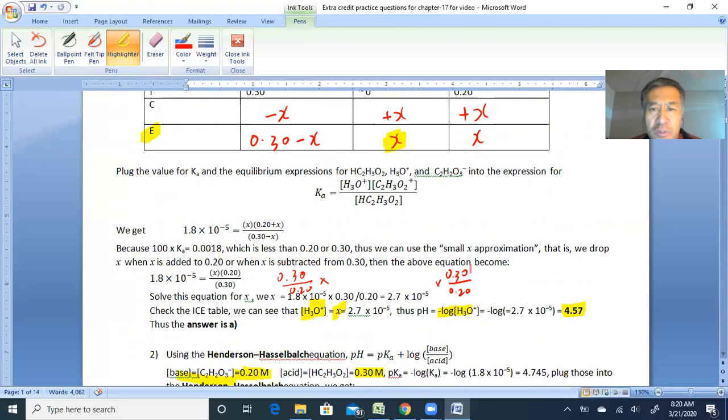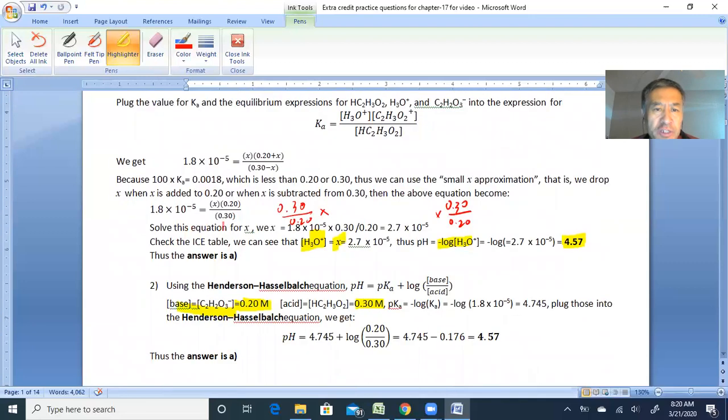we can use the small x approximation. That is, we drop x when x is added to 0.20 on the top, or when x is subtracted from 0.30 at the bottom. Then the equation becomes this.